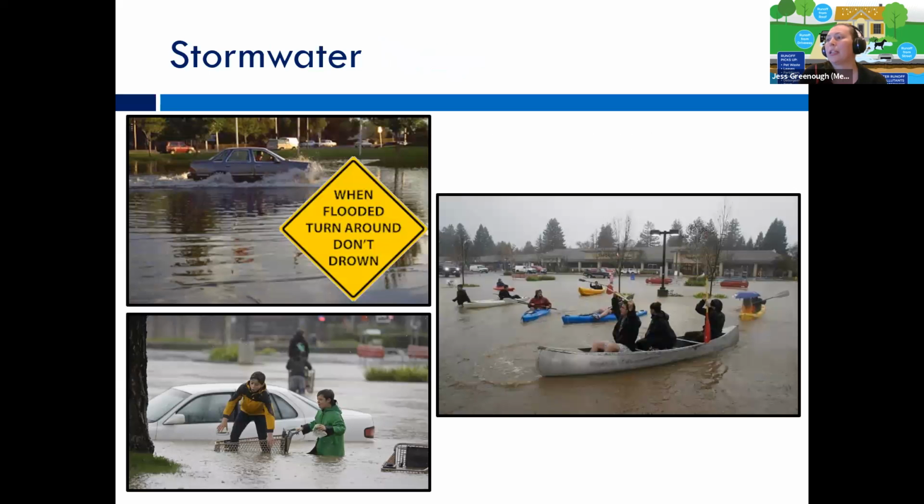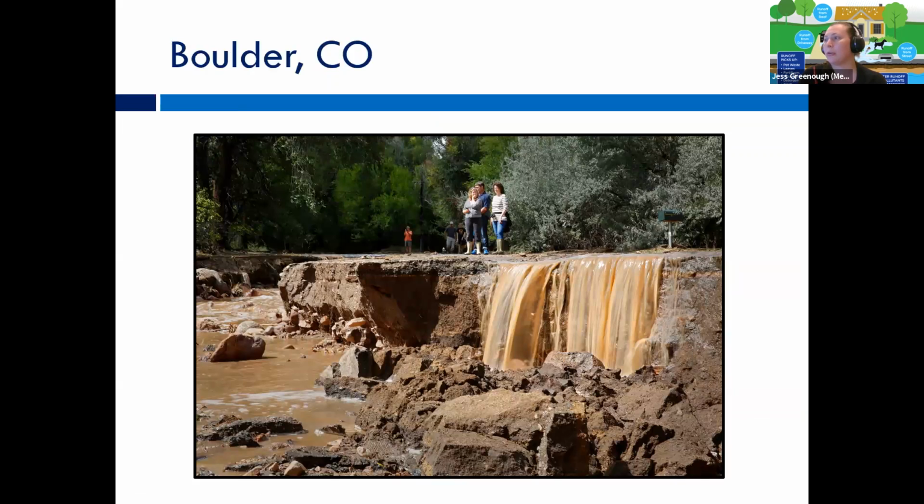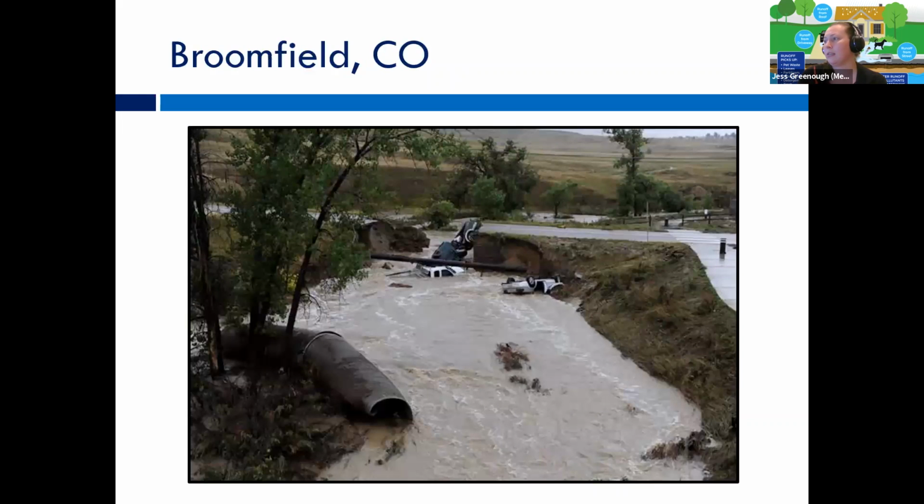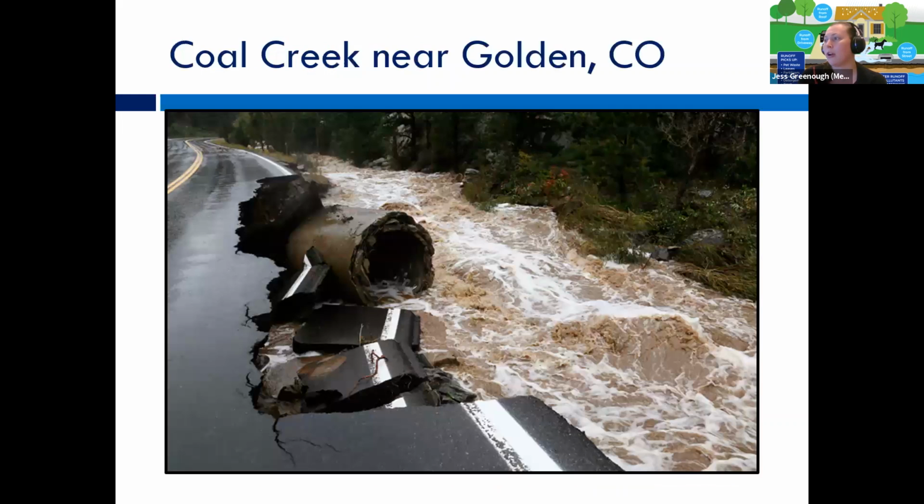And then real quickly, here are some pictures of stormwater that has failed, because this is what happens when civil engineering goes wrong or we get a very, very large storm. These were from the 2013 storm that was just crazy big in Colorado.